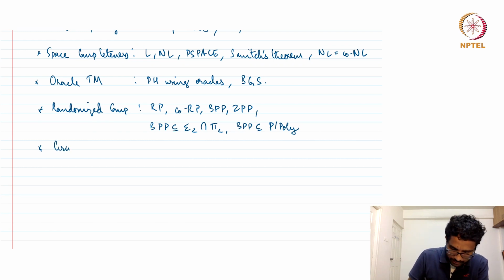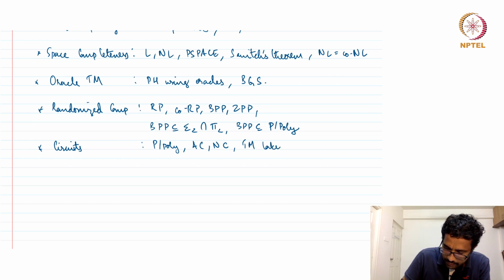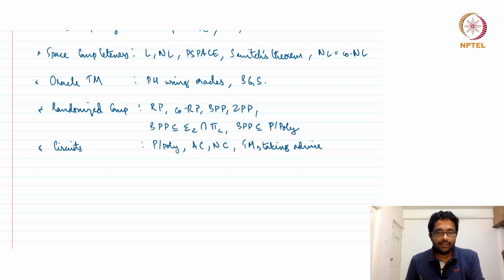Then we saw circuits, which was another fundamental model of computation, where we saw classes like P/poly, AC, NC, and we saw the model of Turing machines taking advice, and we saw that that was equivalent to the circuit model.